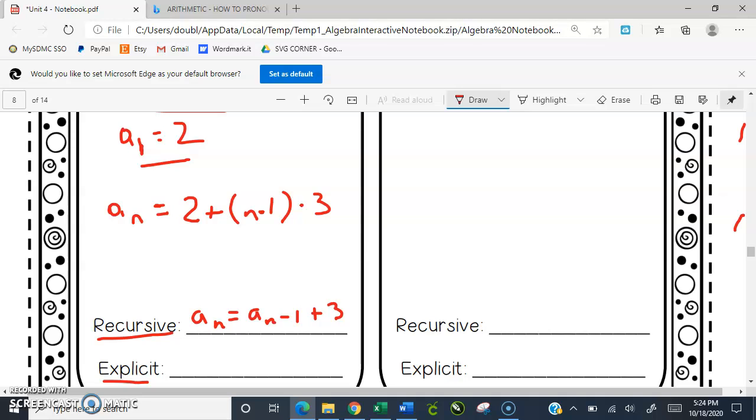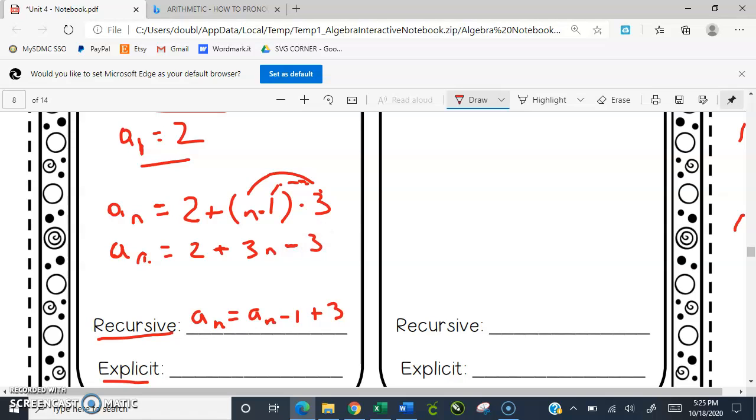Now the only difference is we distribute this. We have 3 times n and 3 times negative 1. So now we have a sub n equals 2 plus 3n, and 3 times negative 1 is negative 3.